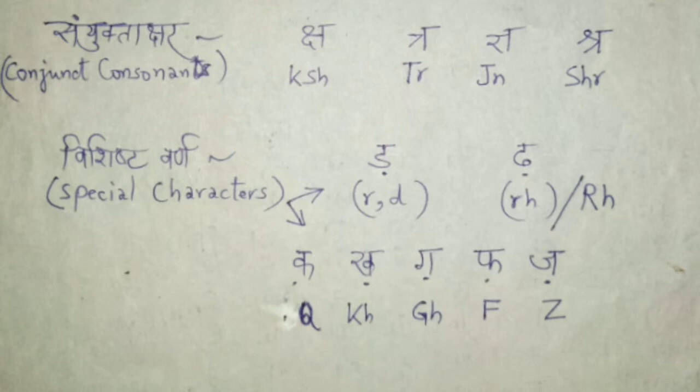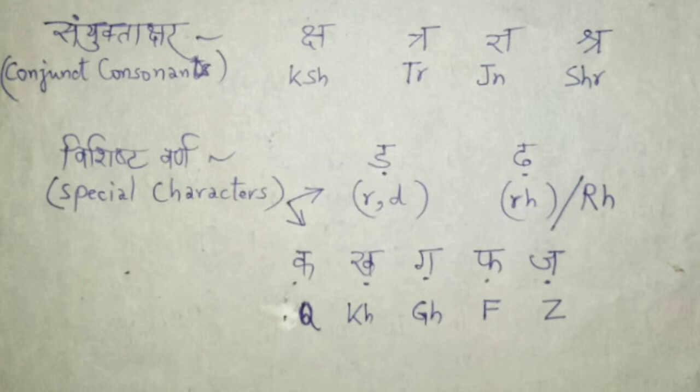The second conjunct consonant is Tra, a combination of Ta and Ra, like Maitri. And then the third conjunct consonant is Gya, like Gyan.